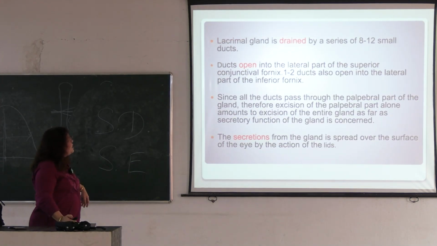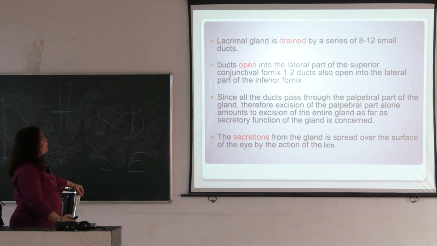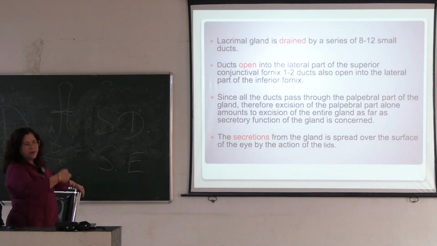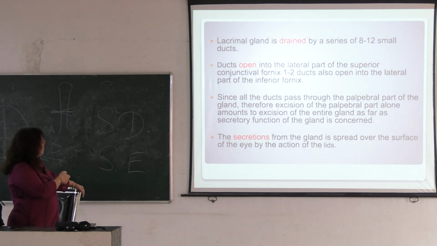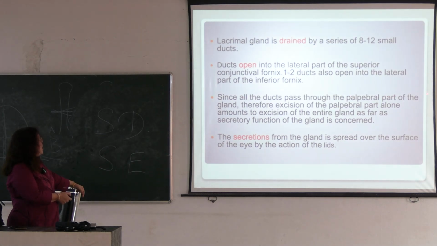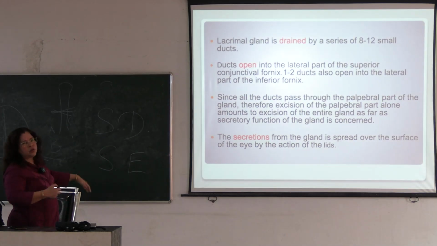The lacrimal gland is drained by a series of 8 to 12 ducts. The ducts open into the lateral part of the superior fornix, and 1 to 2 ducts also open into the lateral part of the superior fornix. These ducts pass through the palpebral part of the gland.